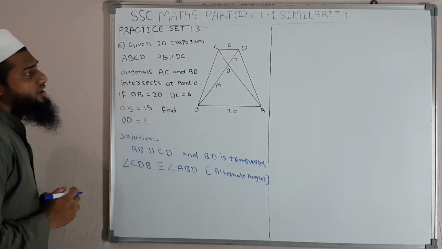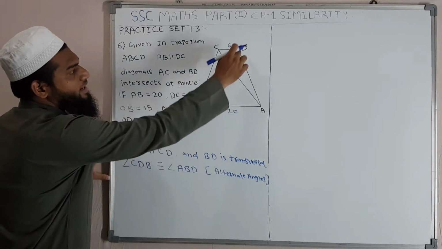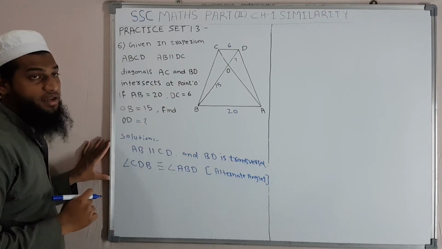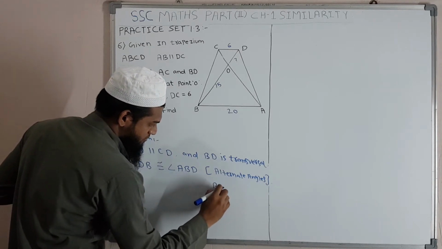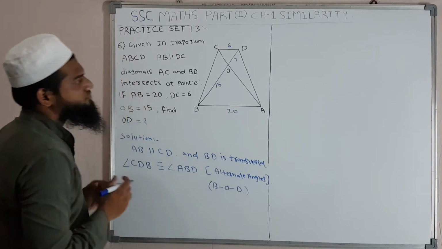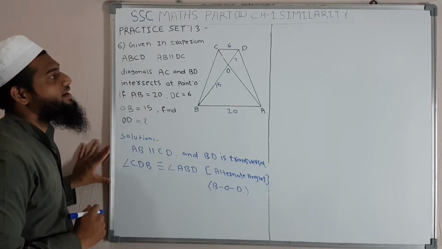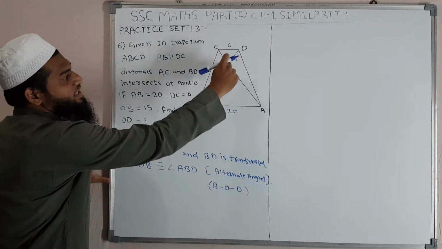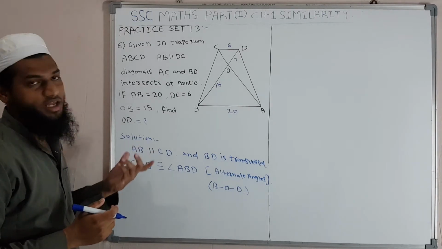And we know that B, O and D lie on the same line, B-O-D. Now we can write triangle CDO and triangle ABO. If we write like that, is there any problem?